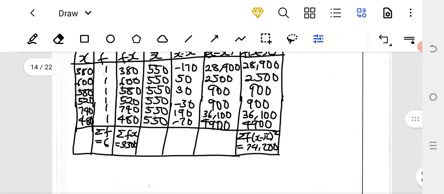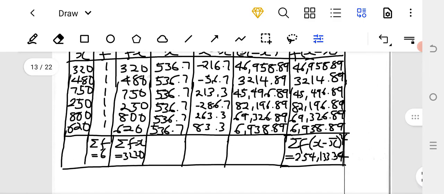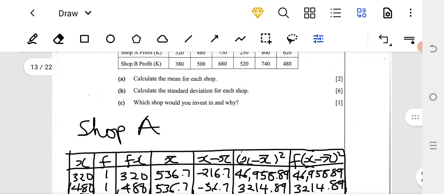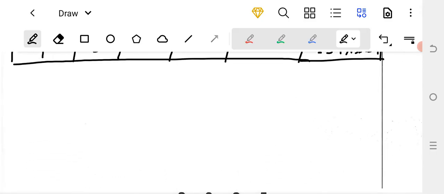As you can see, we are done with this table for shop B, and we are done with this table for shop A. We can go to question A. Let's find the mean for each shop. For question A, the mean is the same as x bar.